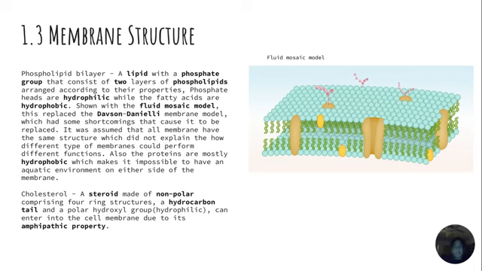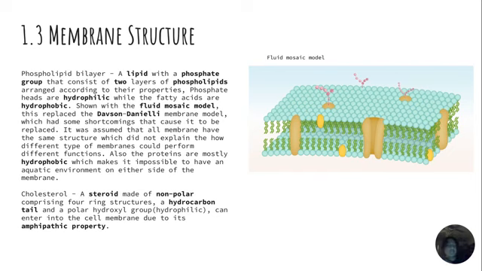Shown within the fluid mosaic model, to the right in the picture, the little blue circles are the phosphate heads, which are hydrophilic, meaning they are attracted to water, and the fatty acid tails are hydrophobic, which don't like water, so they are turned inwards toward each other, so they don't have to deal with the aquatic environment.